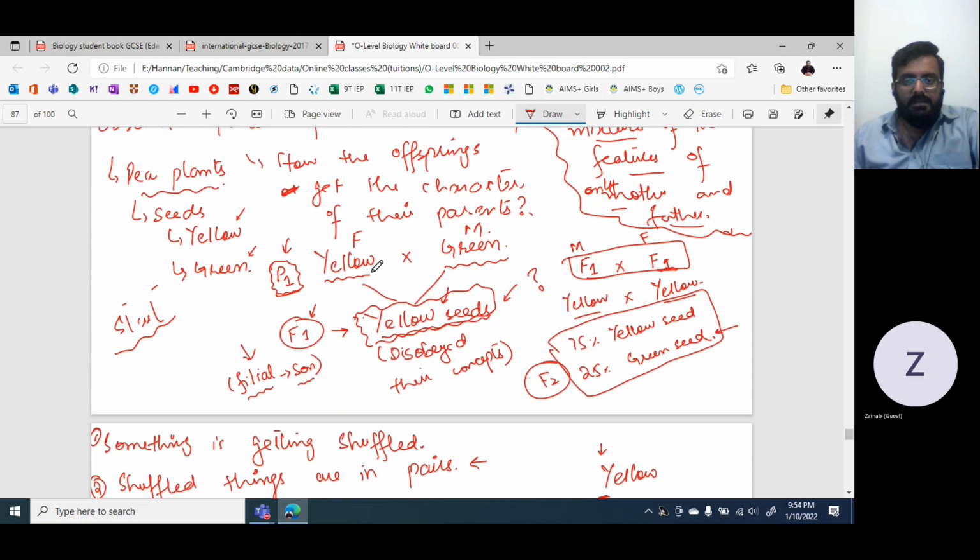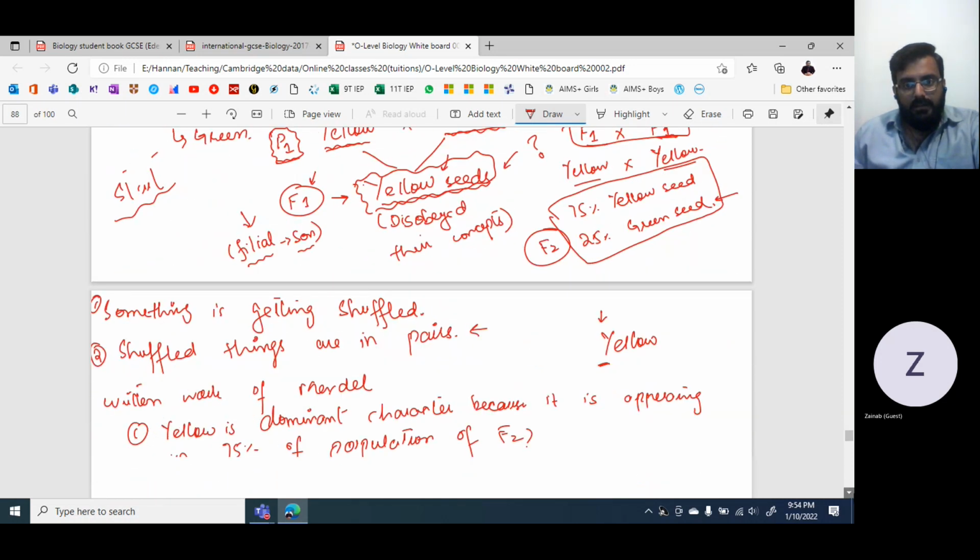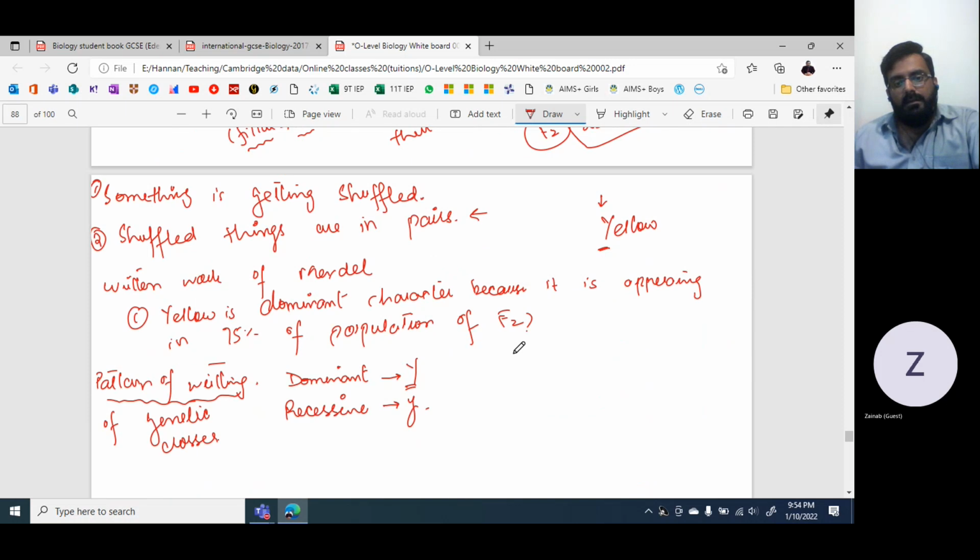Let's have an analysis of our previous experiment. Mendel crossed yellow with green. It means that, and he also mentioned that shuffling things are in pairs. So what did he do? Just imagine the intelligence of this scientist.